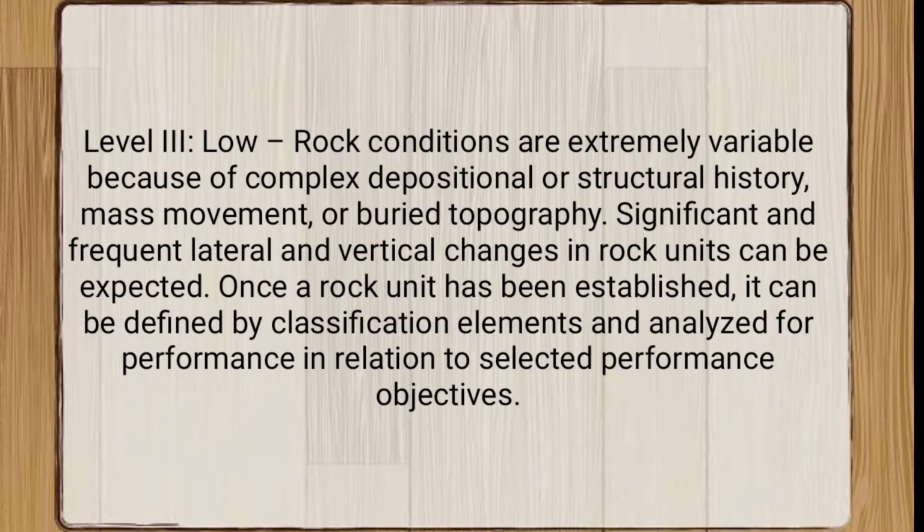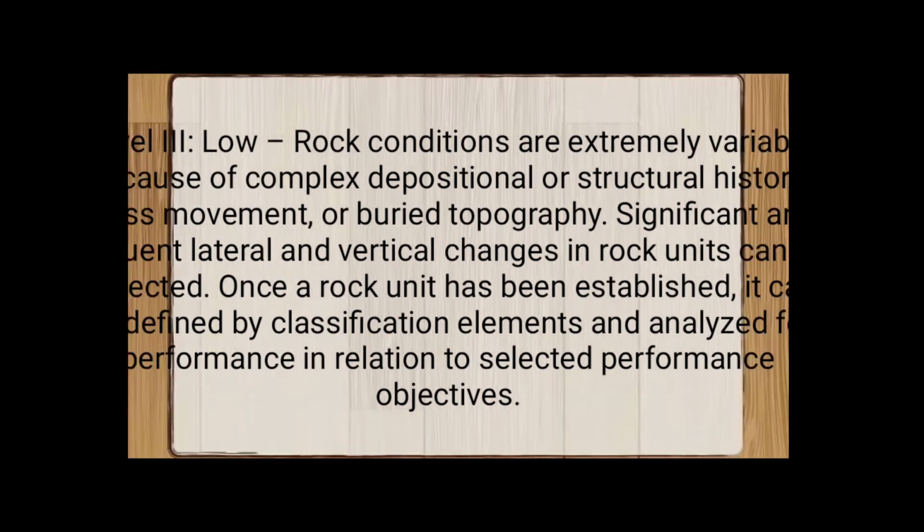Rock conditions are extremely variable because of complex depositional or structural history, mass movement, or buried topography. Significant and frequent lateral and vertical changes in rock units can be expected. Once a rock unit has been established, it can be defined by classification elements and analyzed for performance in relation to selected performance objectives.